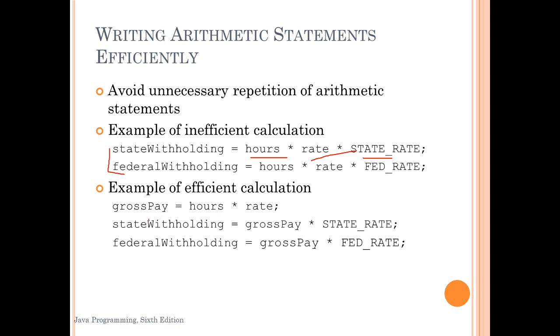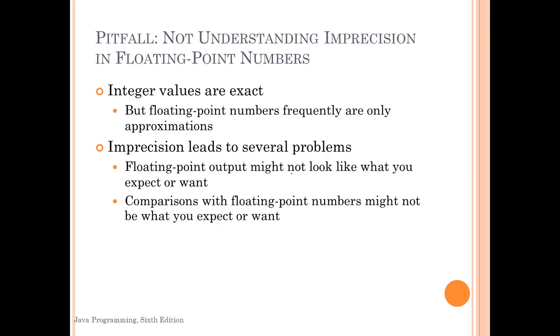To compute the gross pay, we multiply hours and rate. Then to get the state withholding, we multiply the gross pay by the state rate. To get the federal withholding, we multiply gross pay by the federal rate. Not like this, in one straight line. So our calculation is inefficient.